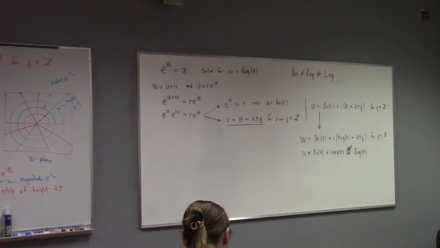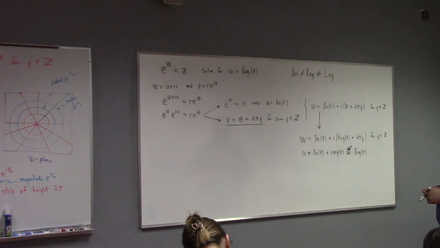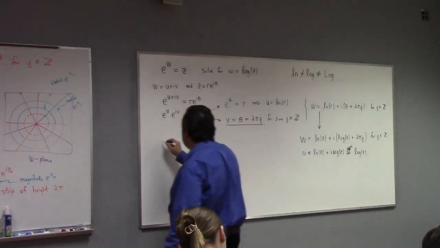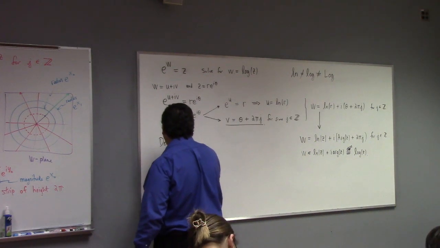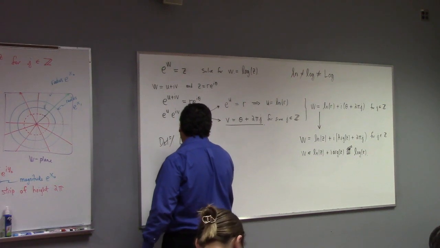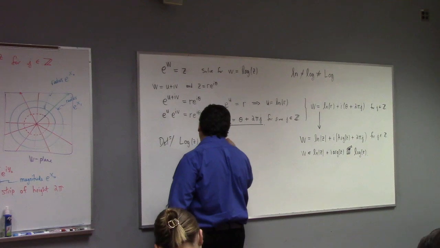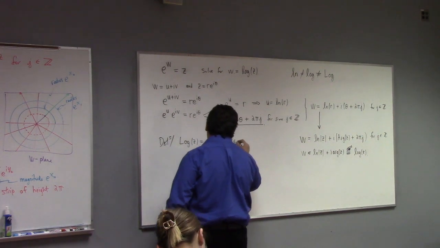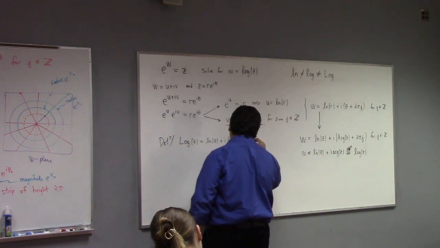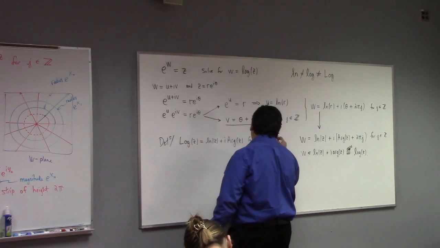But it is nevertheless a multiply valued function, right? So definition, principal log of z is equal to the natural log of the modulus of z plus I arg of z for z in the punctured plane.